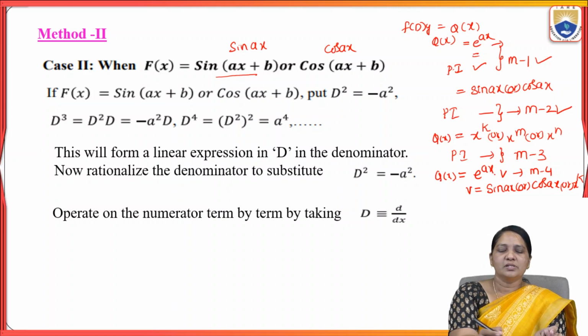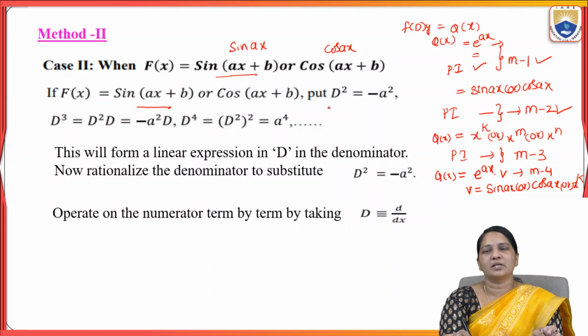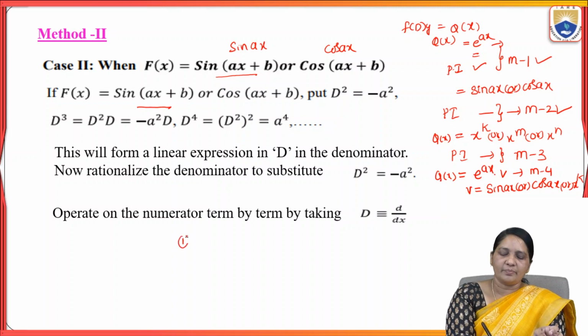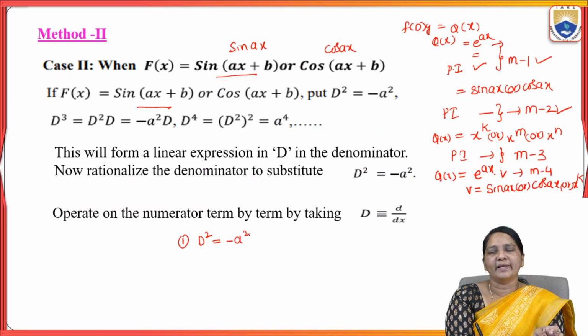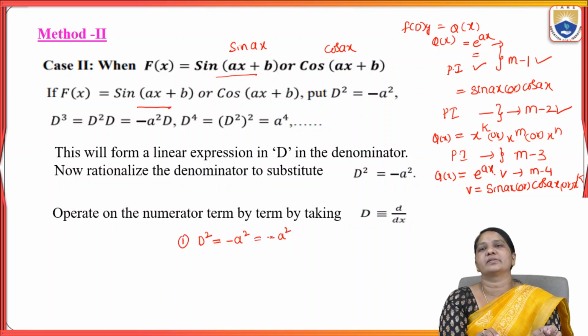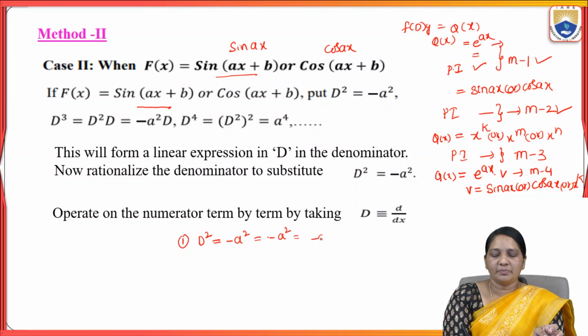So here the f of x or Q of x value is sin ax or cos ax. Then what is the procedure we are going to follow? First step, we have to replace D square equal to minus a square. First we have to calculate the a square value, then put the minus. Some are thinking that minus a whole square will be plus a square, right?